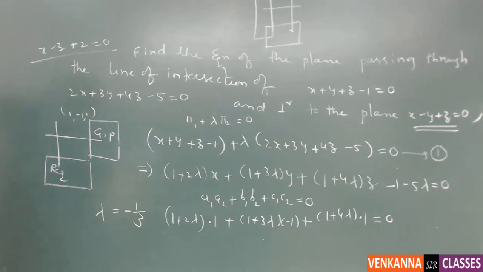Whenever two planes are perpendicular, by default we need to understand that their normals are perpendicular. So we apply the perpendicularity condition to the drs of their normals. Okay? Any other questions from anybody? Please tell.